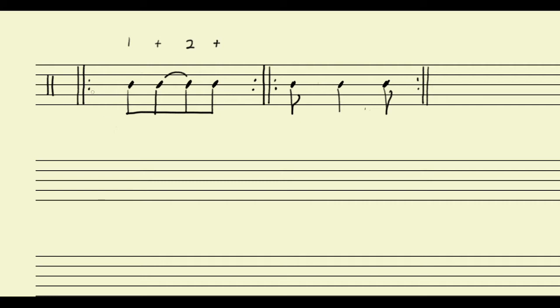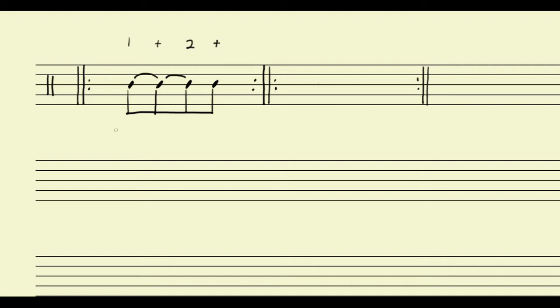Okay, so those are basically all the ways that we can tie together 2 eighth notes. The first 2, the second 2, and the third 2 that are in a group of 4. But what if we tried to tie together 3 eighth notes? What if we tied together the first 2 eighth notes of 1 and then tied that one more time to a third eighth note?